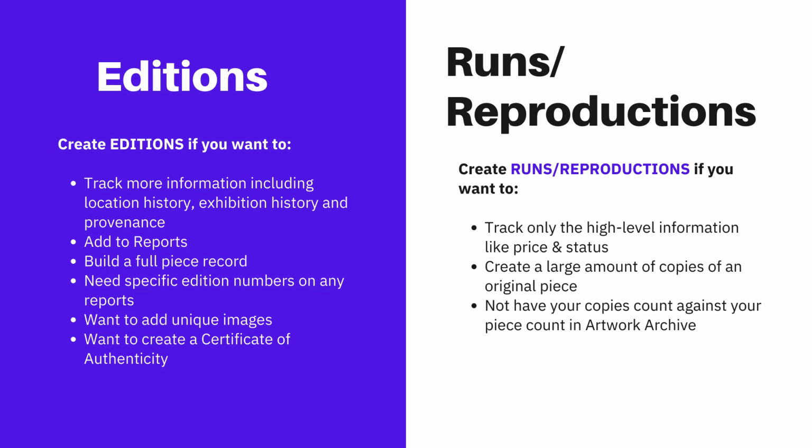And each one will have its own piece record page with the ability to add location history, exhibition history, provenance, and it can be added and individually show up on your public profile, whereas reproductions do not. They will stay in the grouping on the reproductions page in your internal dashboard view.